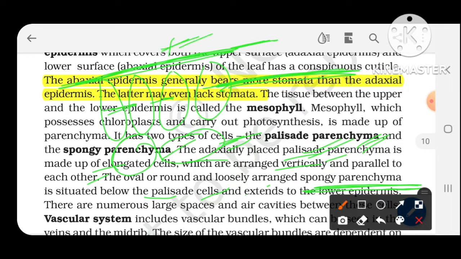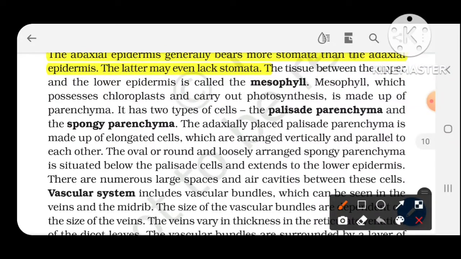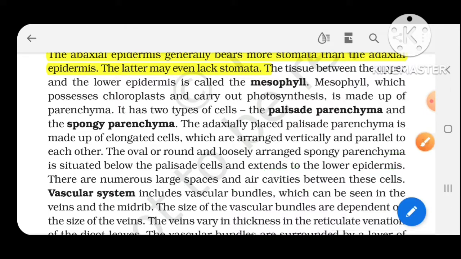Below the upper epidermis the palisade parenchyma is present, and below this layer spongy parenchyma is present. We are talking here about the dicot leaf. This spongy parenchyma extends to the lower epidermis. Now there are numerous large spaces and air cavities between these cells.